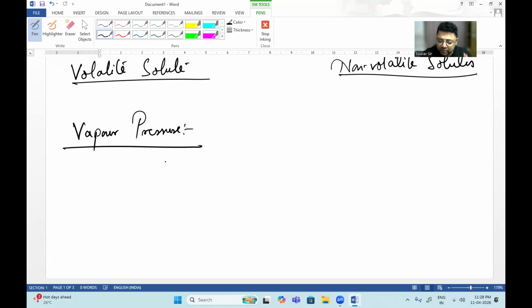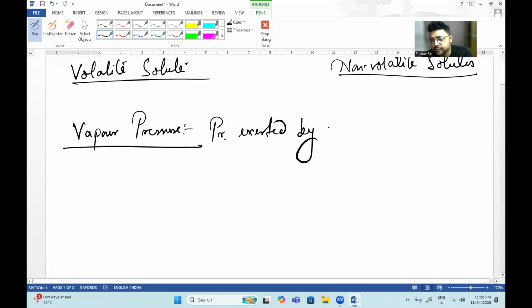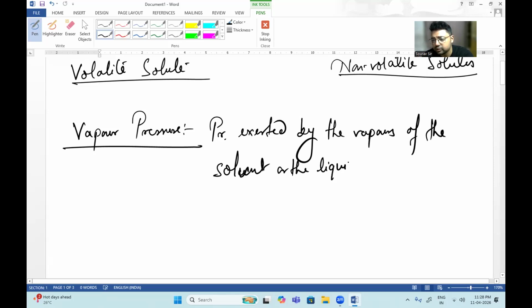So vapor pressure is defined as the pressure exerted by the vapors of the solvent, or the liquid, on the liquid or solvent itself.